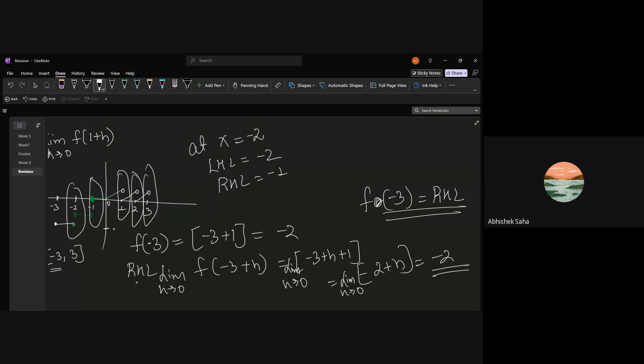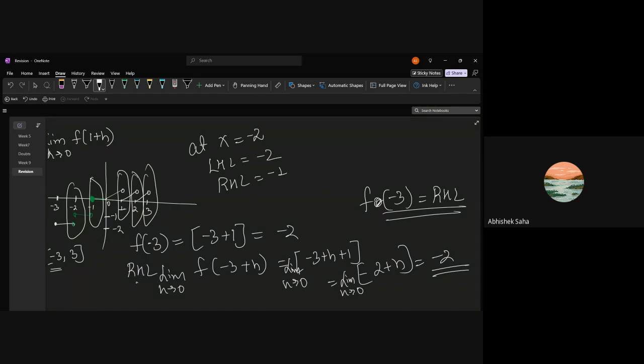This value is -2, this value is -1, this value is 0. So LHL is not equal to RHL. That means the limit doesn't exist at x equal to -2. At x equal to -1, again you will check. The LHL is equal to -1, but RHL is 0. So the limit doesn't exist.